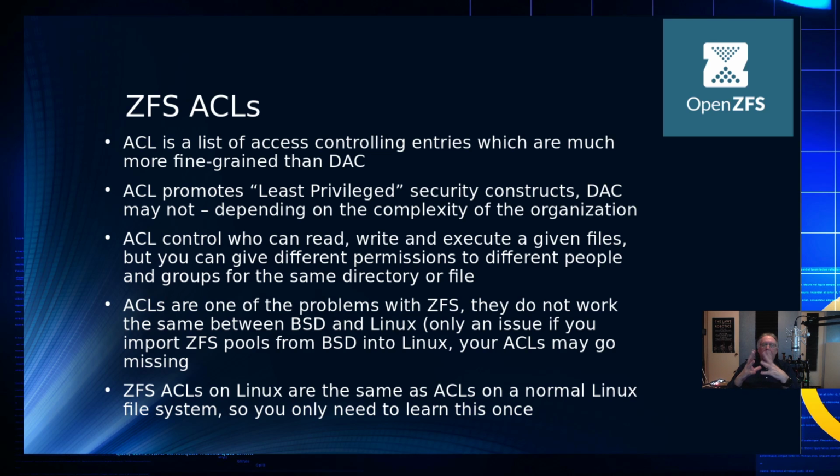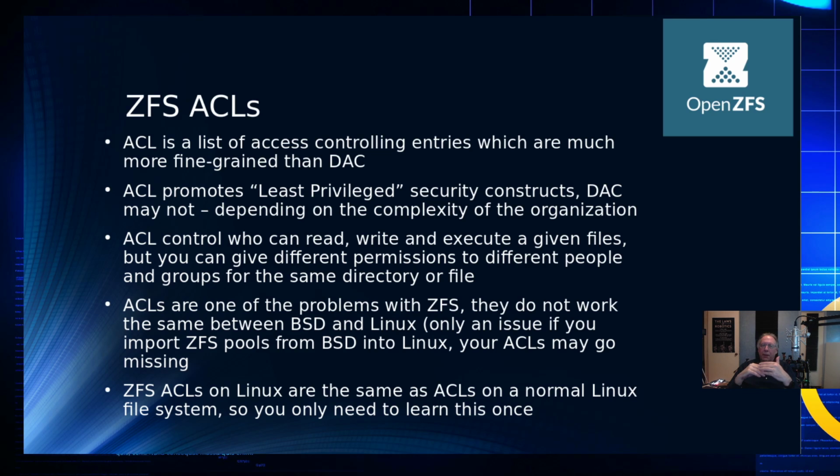So ACL promotes least privilege, and least privilege is a security construct, which means that I only grant the user the absolute minimum amount of permissions that they need in order to complete their job. The problem with DAC is that typically we have to open things up more broadly, and you have unintentional results.